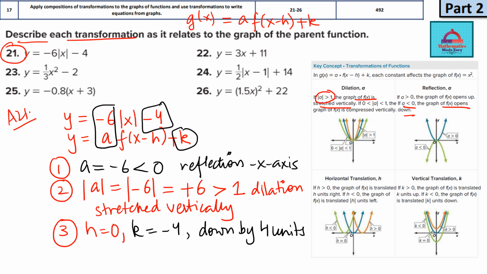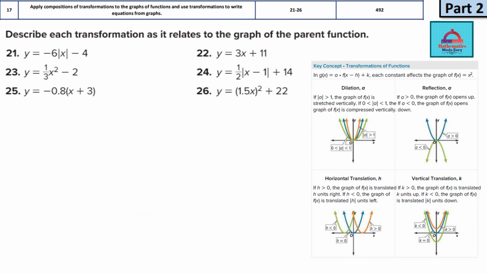For this question 21, there are 3 types of transformation. 1, reflection about the x-axis, 2, dilation where you are stretching vertically by a factor of 6, and 3, vertical translation where the graph goes down by 4 units. So this is how you compare the equation and get your answer for this question. Let's do some more questions on the next slide.